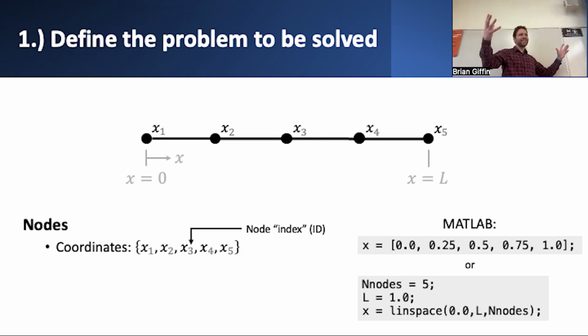I'll present alongside a lot of these definitions, which are somewhat generic, how you might attack this problem using pen and paper. If you were to do this in a computational setting, you might define all the different nodal coordinates, x, where x ranges from x1 to x5, just by defining their specific nodal coordinates, kind of like shown here.